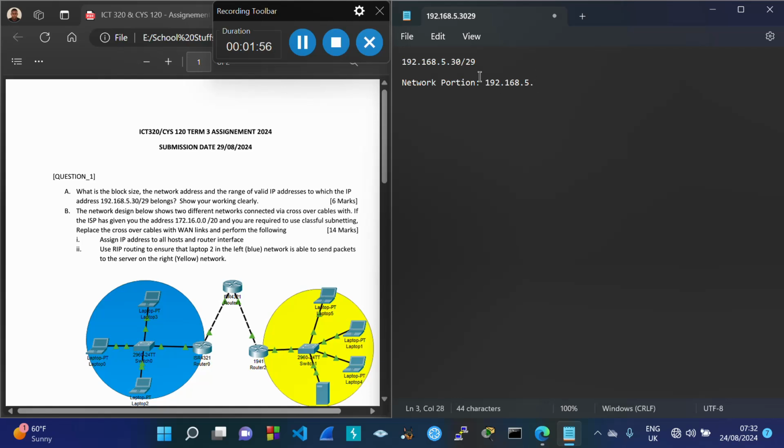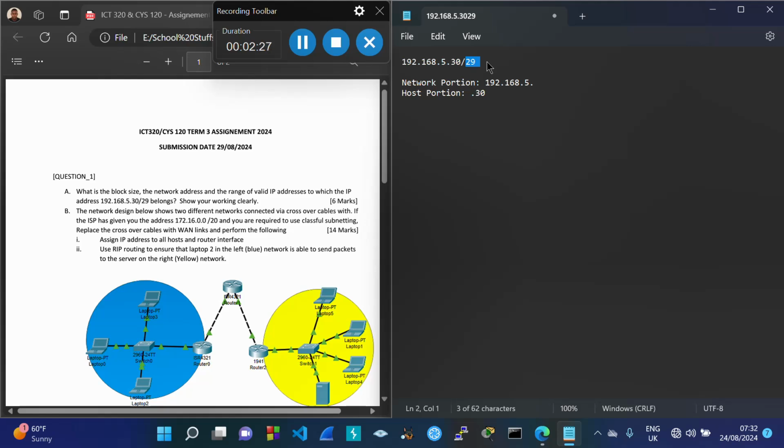The network portion will never change. Then the host portion, which is .30, will always change based on the number of hosts we want to accommodate. The slash just represents the number of ones in a network.